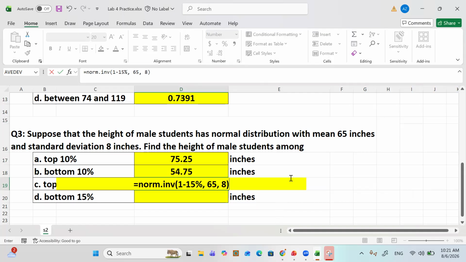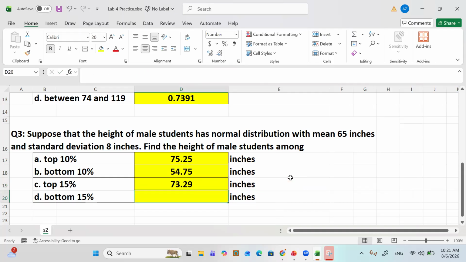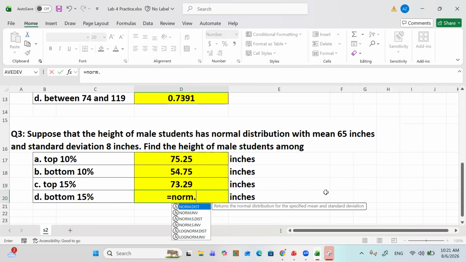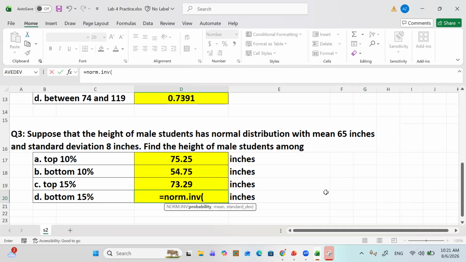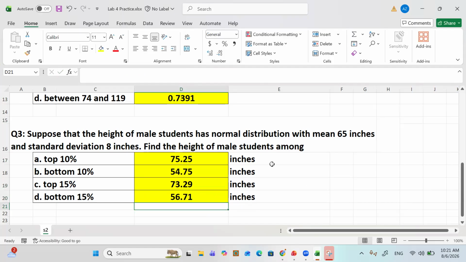Okay. And so again, area to the left, it's 85%. Now if you hit enter, we get this 73.29 inches. And the bottom 15% on the NORM.INV, it's going to be 15%. Area to the left, 15%, 65, and 8. And if you hit enter, you get that.